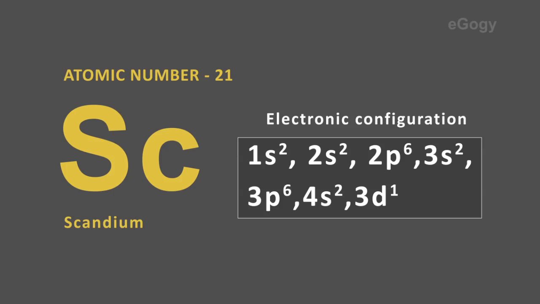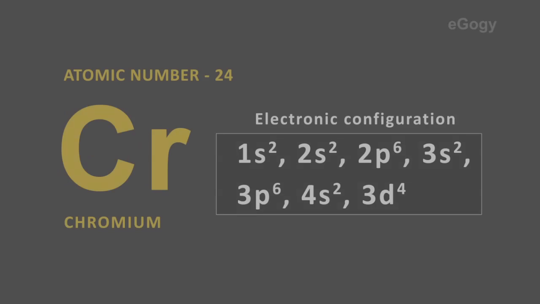Scandium, atomic number 21. Electronic configuration 1s2, 2s2, 2p6, 3s2, 3p6, 4s2, 3d1. Similarly, the electronic configuration of chromium, whose atomic number is 24, should be written as 1s2, 2s2, 2p6, 3s2, 3p6, 4s2, 3d4.